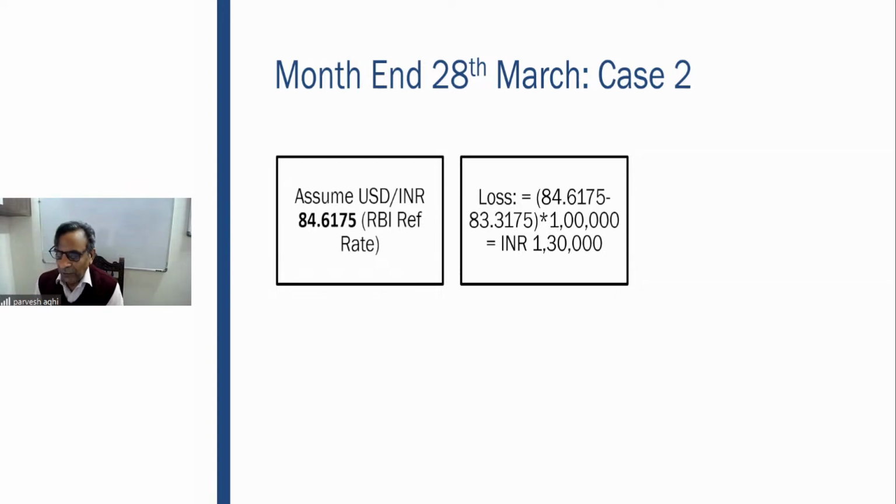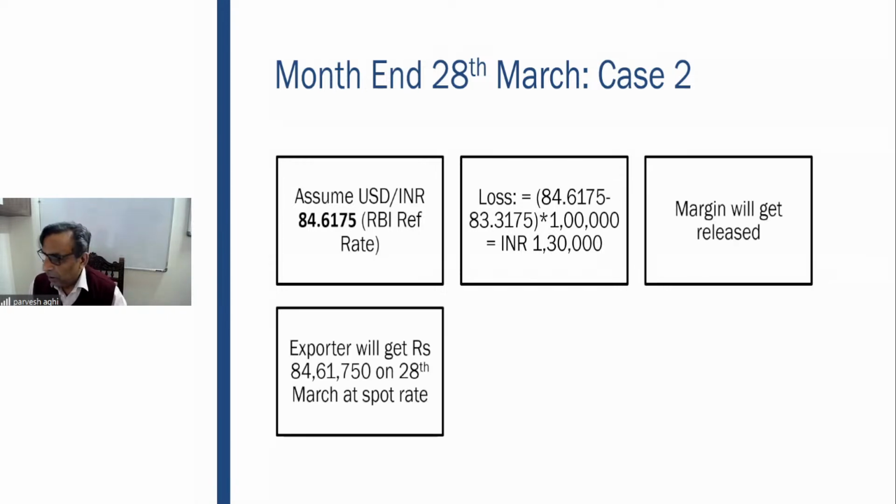Okay, so I have to pay 1,30,000 to someone who has bought from me. I have sold, he has bought. So I have to pay him 1,30,000. Margin will get released. Now the exporter is going to get 84,61,000.